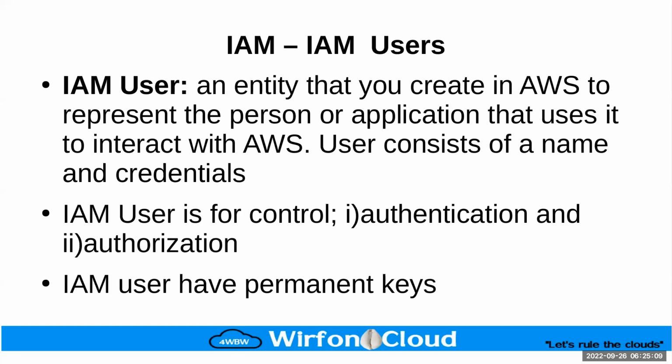So when you're thinking of programmatic access to AWS, using the command line or what is also called the SDK, you need these keys for access. We'll demonstrate that later, but for now, just understand that an IAM user always has permanent keys. We'll come to that more later.